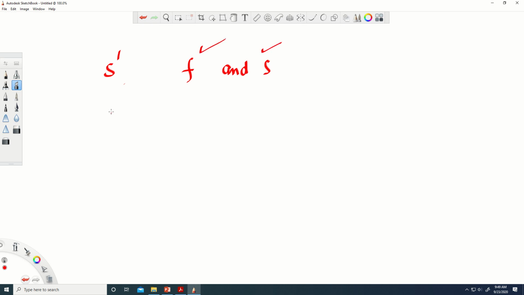You are asked to find S prime. So how do you find that? Use this equation, 1 over F equal to 1 over S plus 1 over S prime, and then plug the number here, plug the number there, and then find that. We'll continue that next time if you still are not sure what I'm talking about. We don't have time right now, so we'll continue this next time.